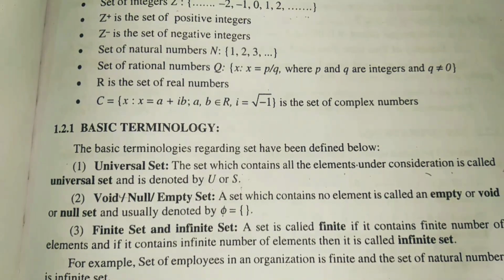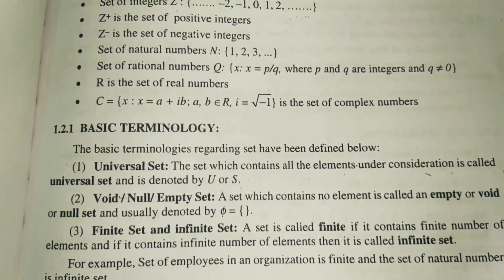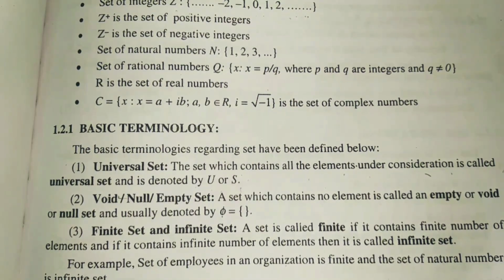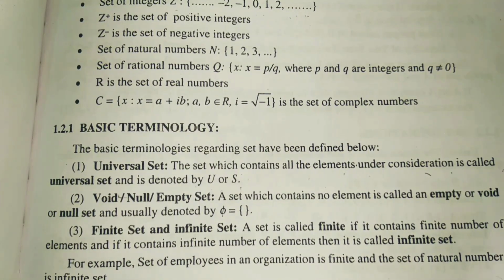Another example: if we keep all the students of our college in a set, then this is the universal set. From there we can consider all boys or all girls. These are the subsets. So a universal set means that for a particular type of thing or a particular definition, all the elements which match this definition are included in the set.